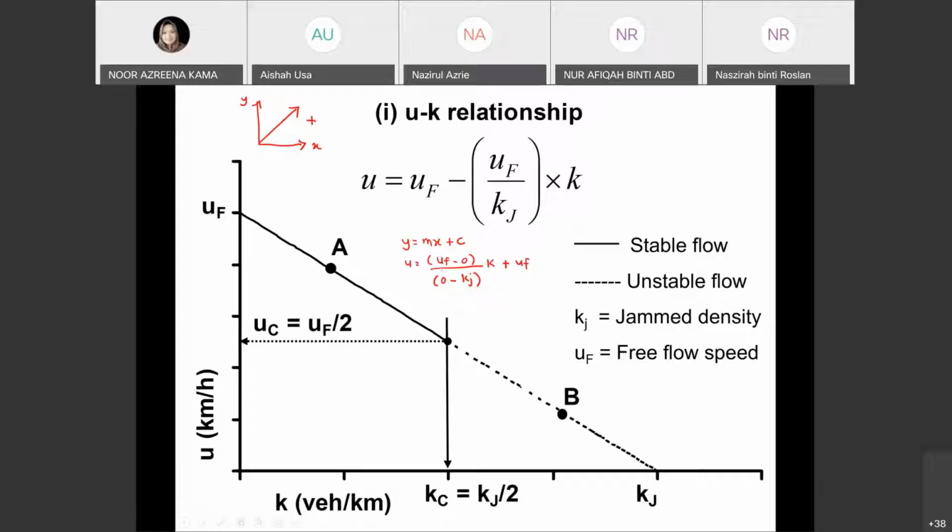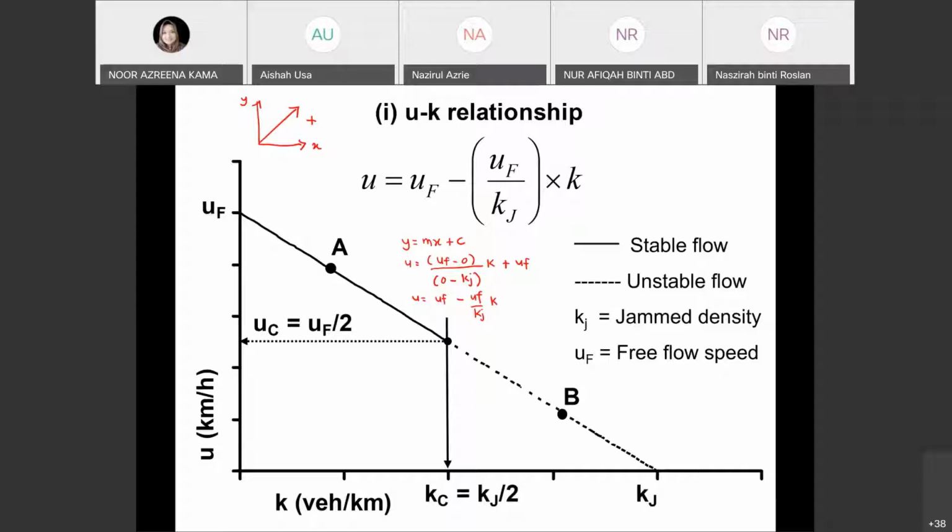Rearrange the formula and you get U equals UF minus UF over KJ times K, since the gradient is UF minus 0 over 0 minus KJ. So that is how we derive the formula based on the graph for the UK relationship. Okay, that is the formula for UK.